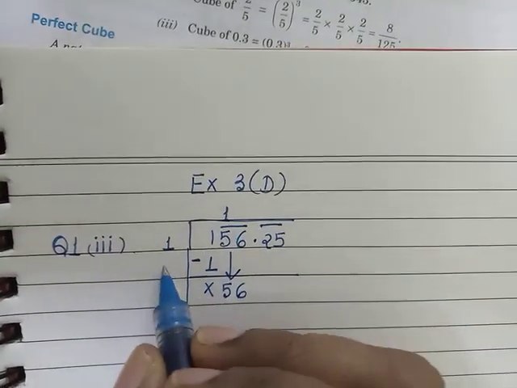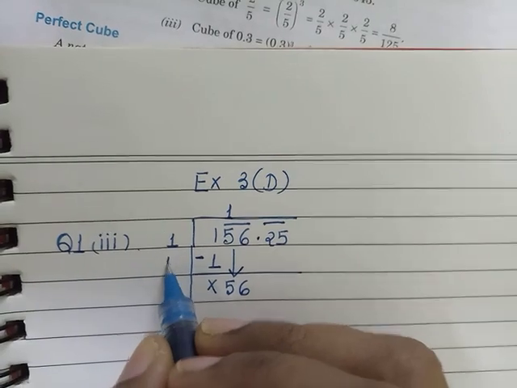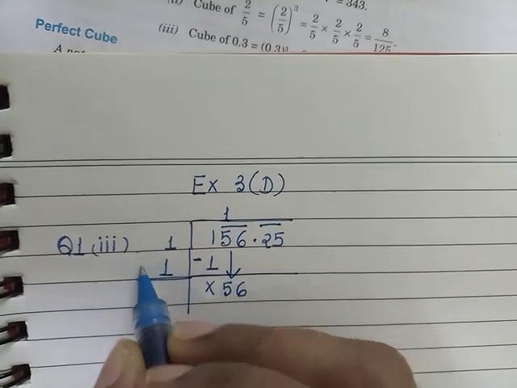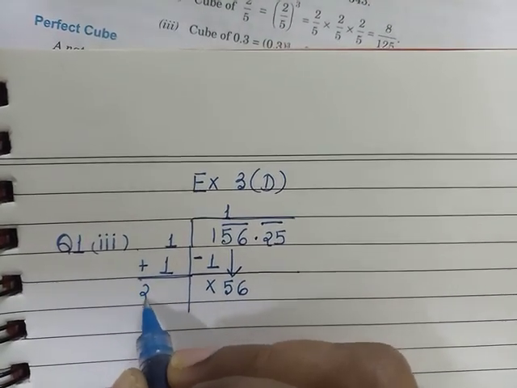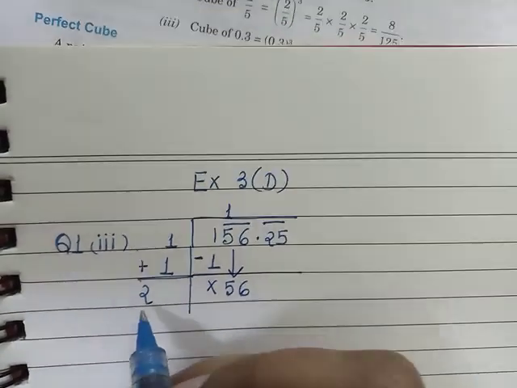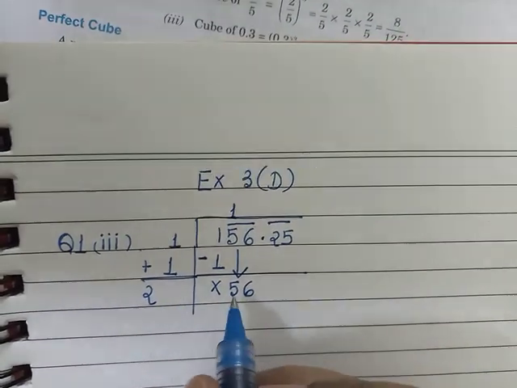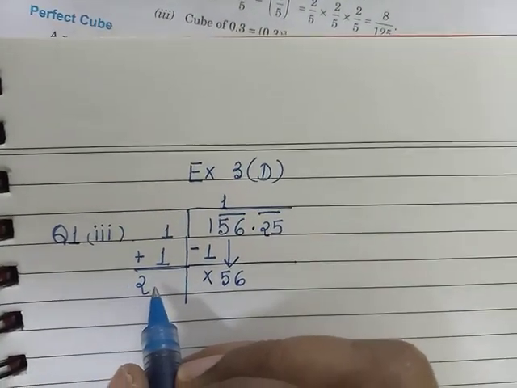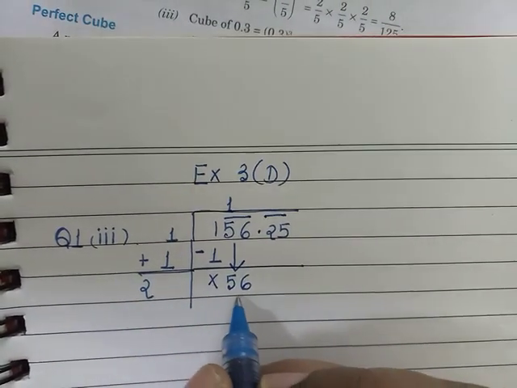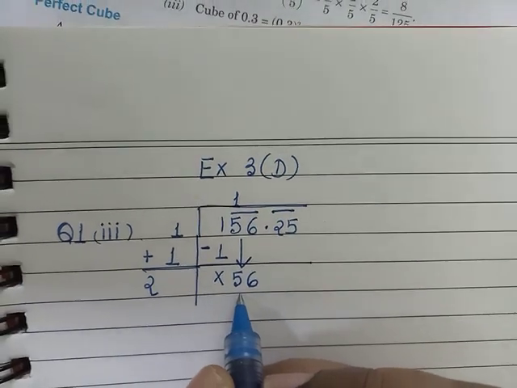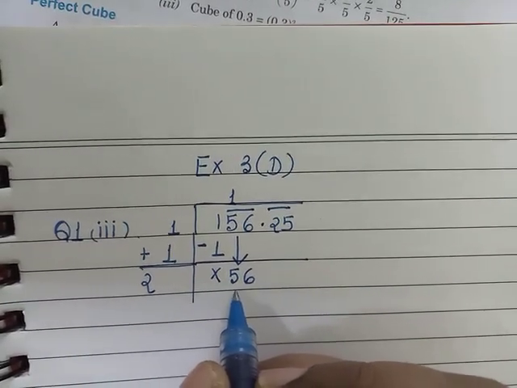And then we add this 1 here, and that becomes 2. Now in front of 2 we have to affix a number and multiply with that number only, so we reach either 56 or just near to 56.